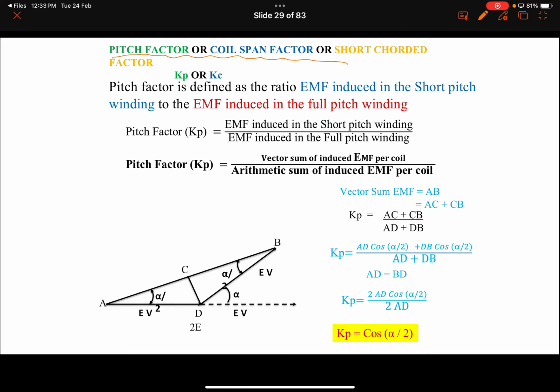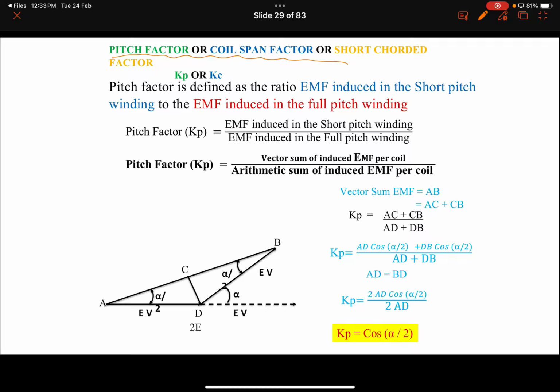In the exam, just to confuse you, they may give the other terms also. What is pitch factor here? We just now discussed the basic difference between the two cases, full pitch winding and short pitch winding. When you have two cases, definitely we try to compare.